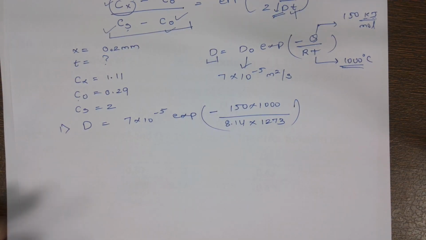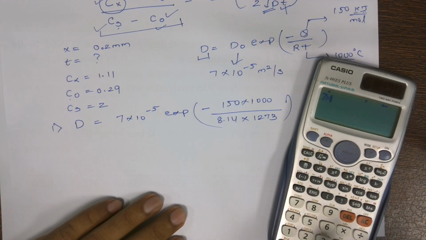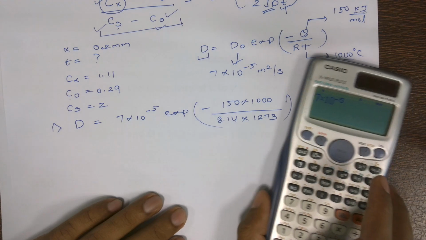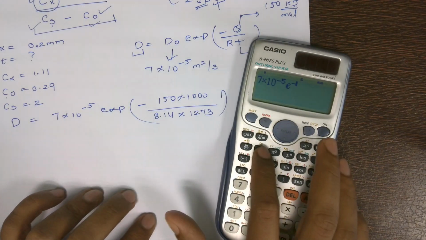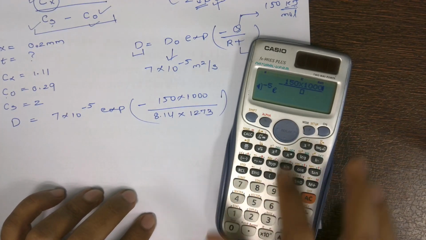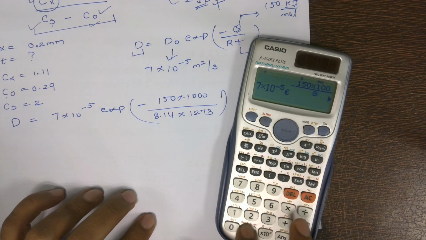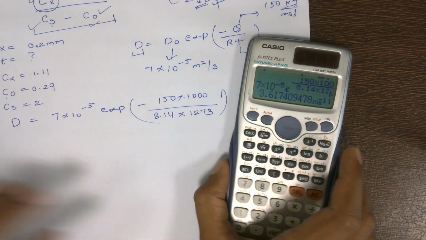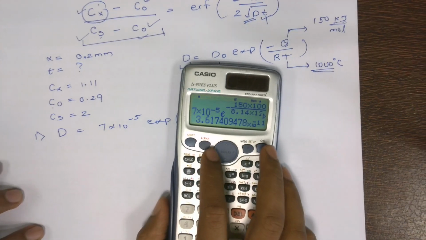Now can we quickly find the value of D from this? Let's try to do this. So we got the value of D. I think my values are differing from yours.